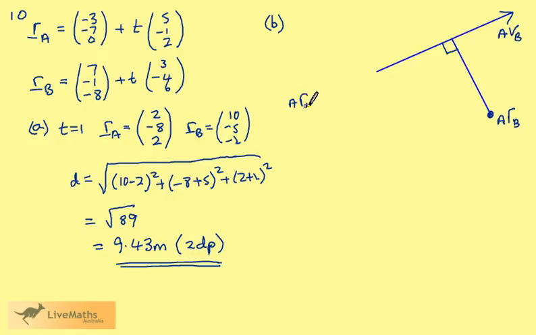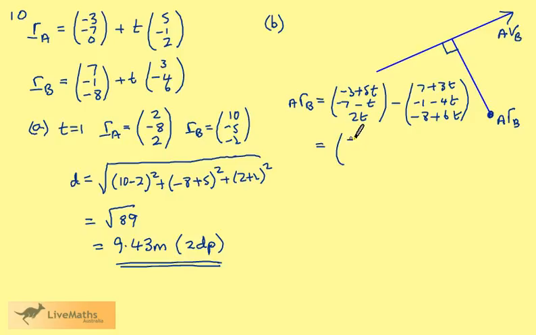Now, A relative to B is the position vector for A, so that's -3 plus 5t, -7 take t, and 2t, so that's just putting this together, take away the position vector for B, which is 7 plus 3t, -1 take 4t, and then -8 add 6t.